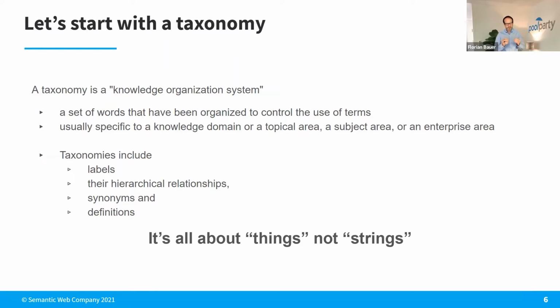So the key principle here is that it's all about things and not strings. It's all about something and not the way how it is described, not the main label that is attached to it. And that's very important for everything that will come next, and I'll show you why.